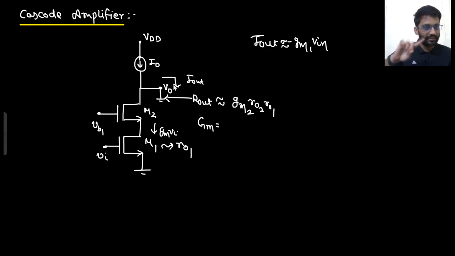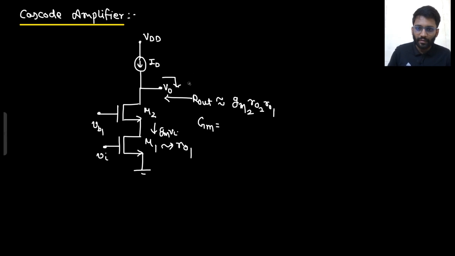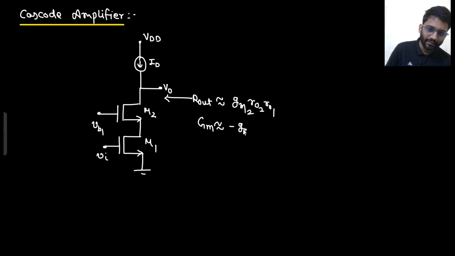If r01 and r02 are very high, then this gm V in current will flow directly to the output. Otherwise, r02 and r01 can eat up some current. But this is not happening here, right? So my capital Gm is approximately equal to minus gm1.